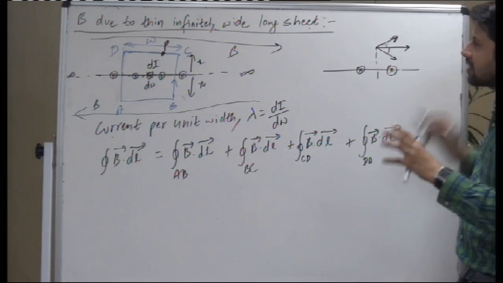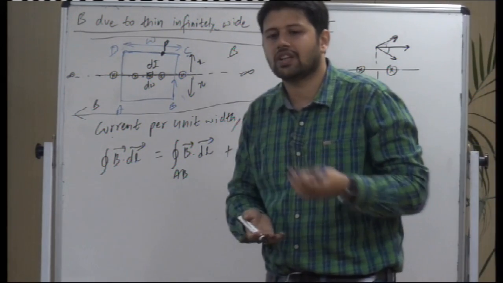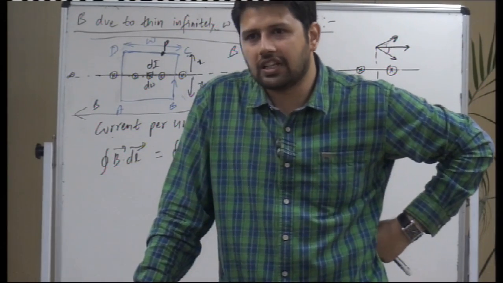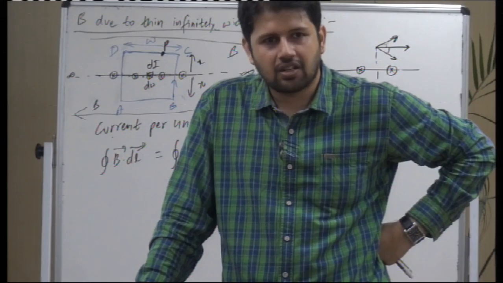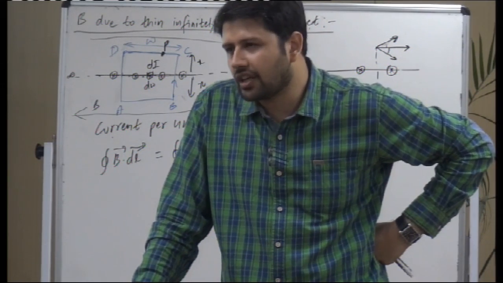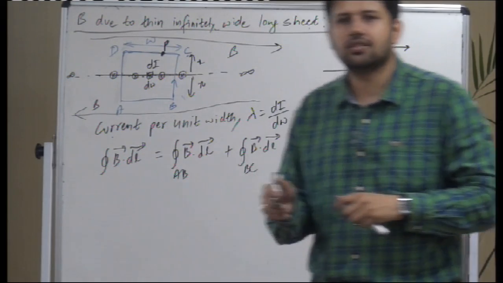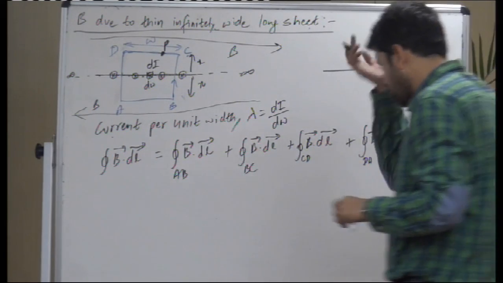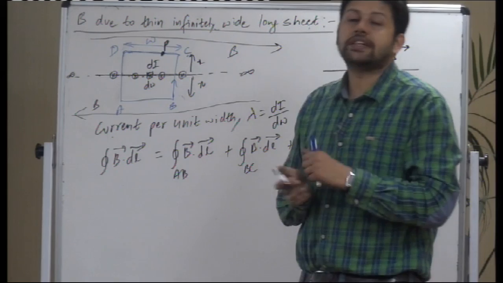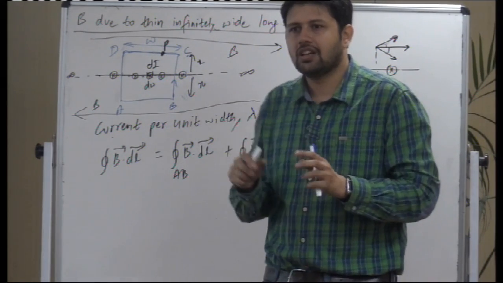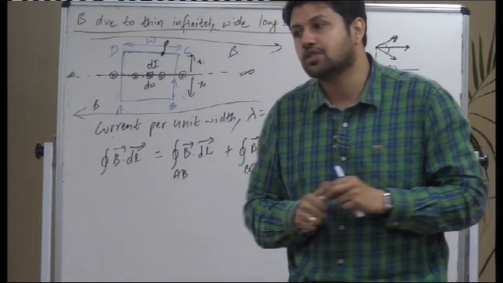This is what I was saying when I was telling you the directions for dl in case of Ampere's law. If you take wrong directions, don't worry, you would still get the same magnitude but opposite sign. So that's why you need to take the direction of dl and the direction of B beforehand, and take dl such that it makes a smaller angle.